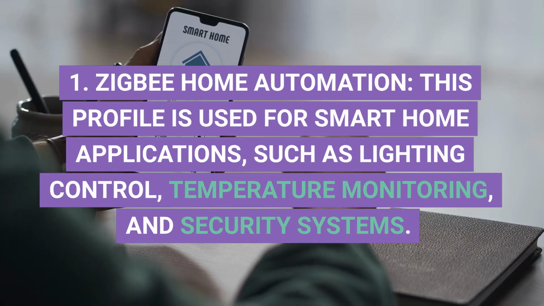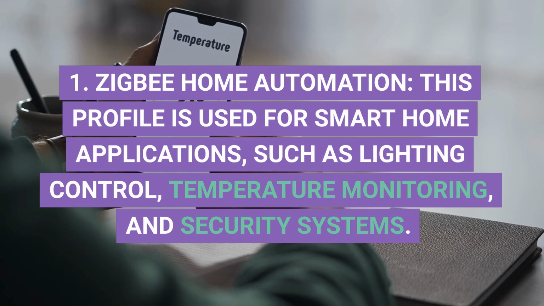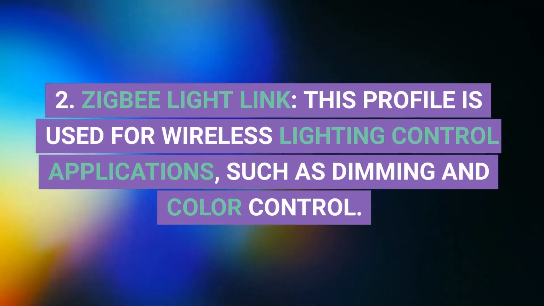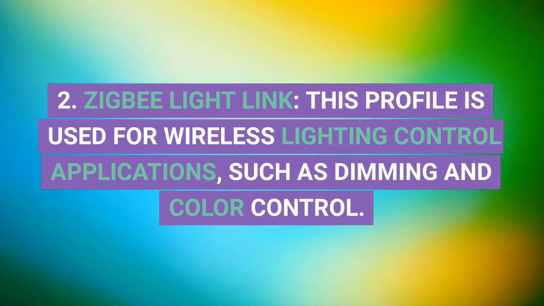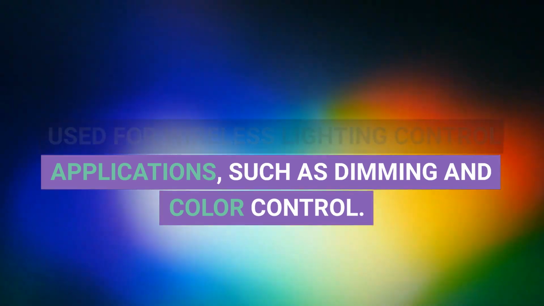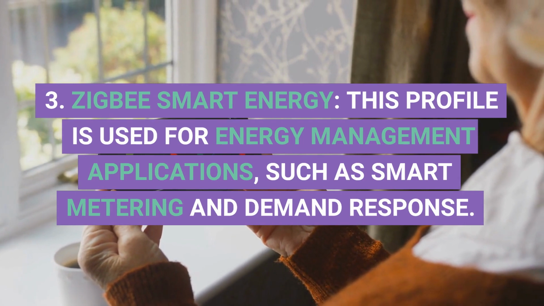1. ZigBee Home Automation. This profile is used for smart home applications, such as lighting control, temperature monitoring, and security systems. 2. ZigBee LightLink. This profile is used for wireless lighting control applications, such as dimming and color control. 3. ZigBee Smart Energy.